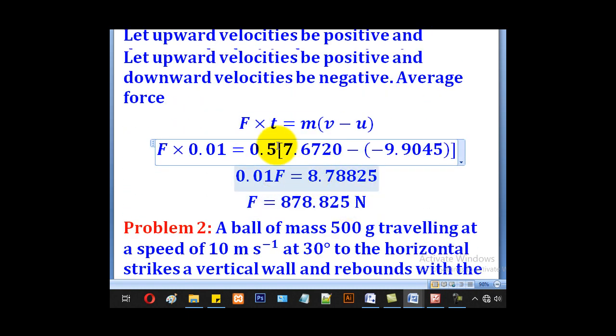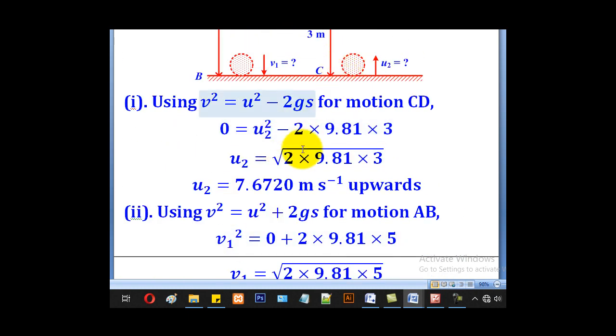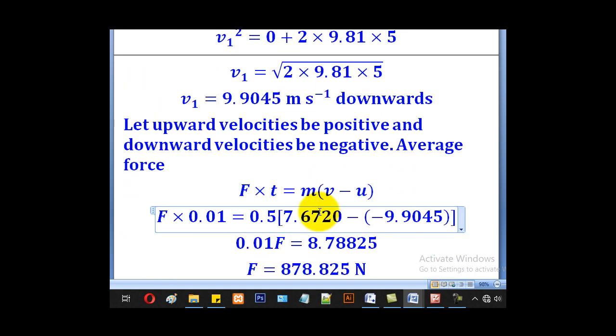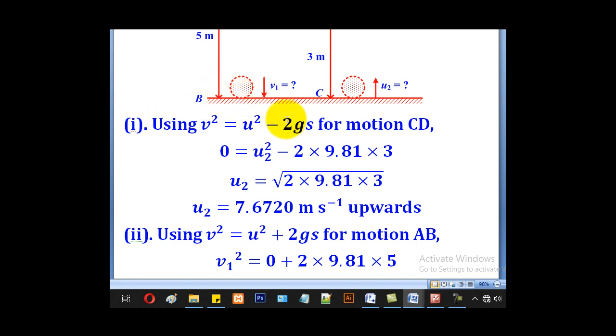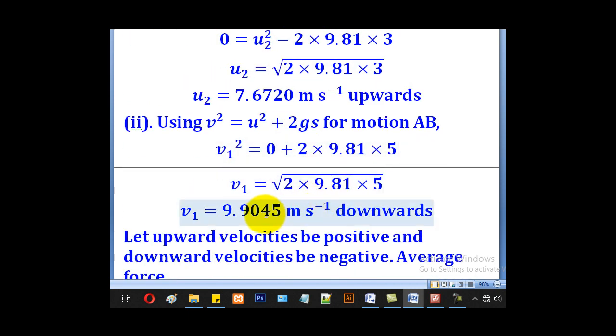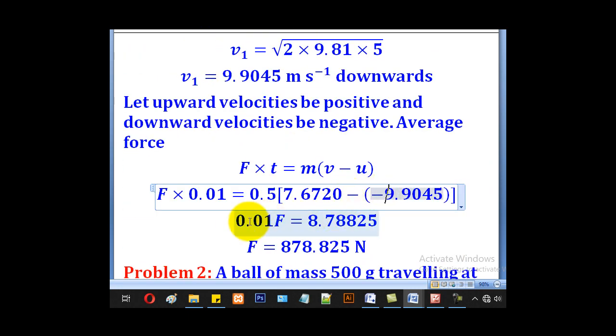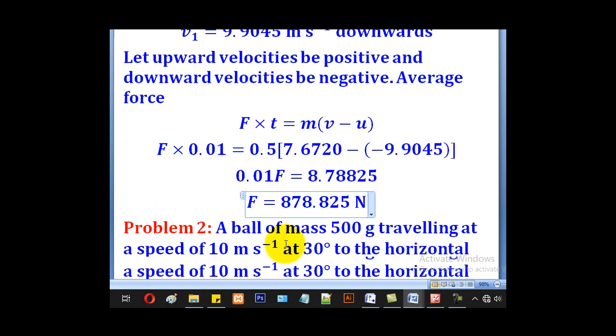So the final velocity is this u2, which was got as 7.6720. It is upwards, so it will be given a positive value, and the initial velocity is this one, which is 9.9045, and it is downwards, so it will be given a negative sign. So when you substitute, you come up with F as 878.825 newtons. So that is the average force they wanted.